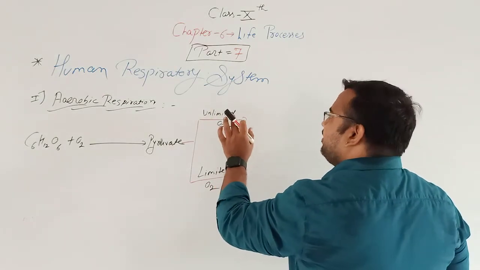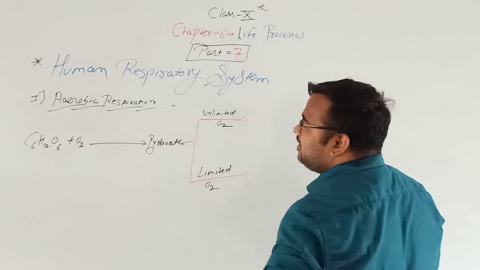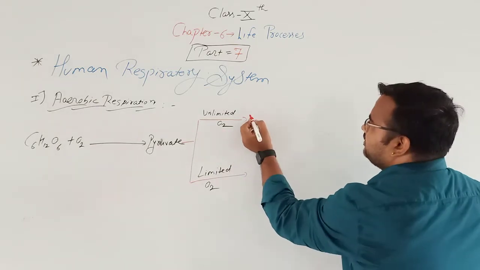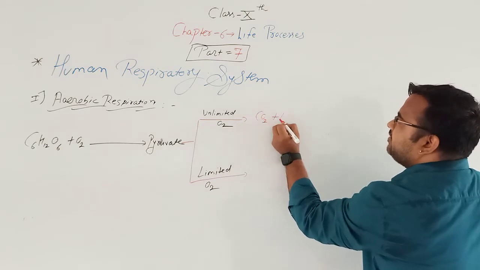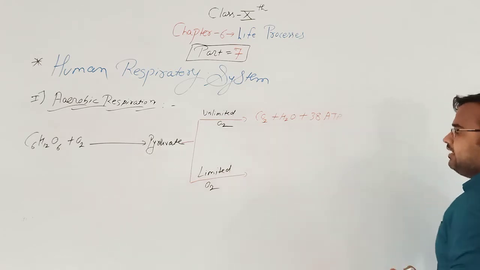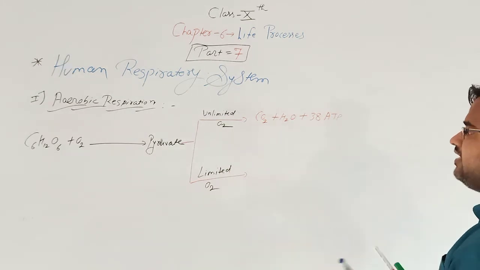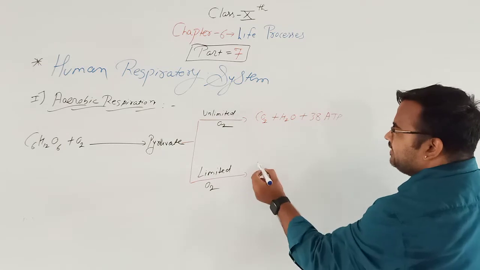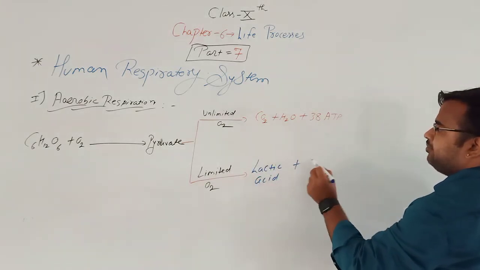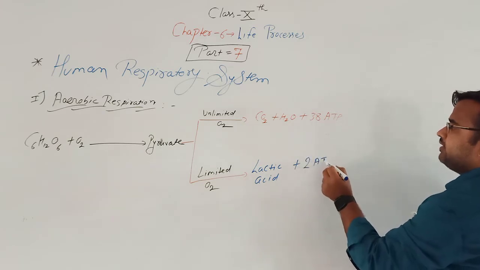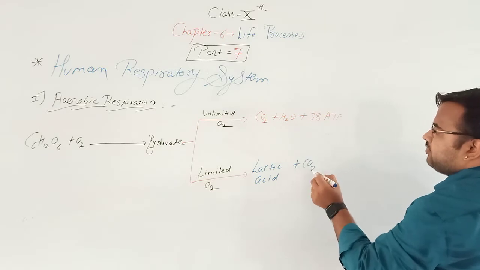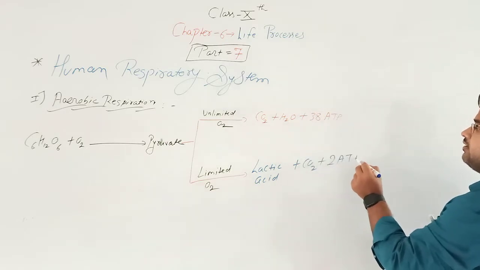If there is unlimited oxygen, the product will be carbon dioxide, water and 38 ATP. But if there is a limited amount of oxygen, then the product will be lactic acid plus carbon dioxide plus 2 ATP only.